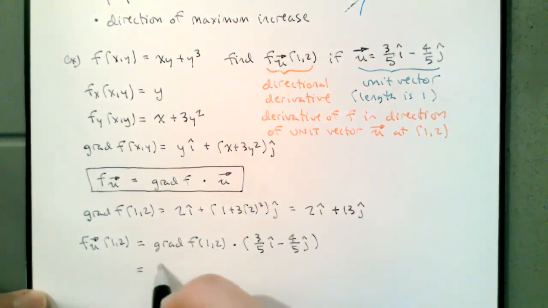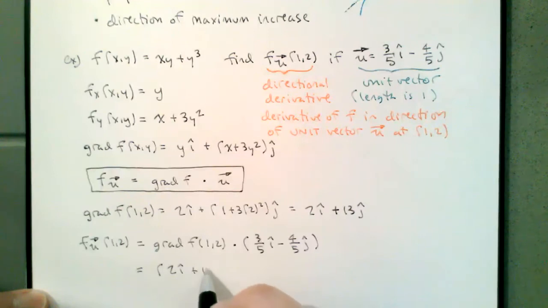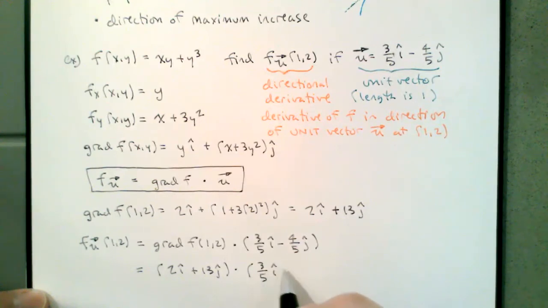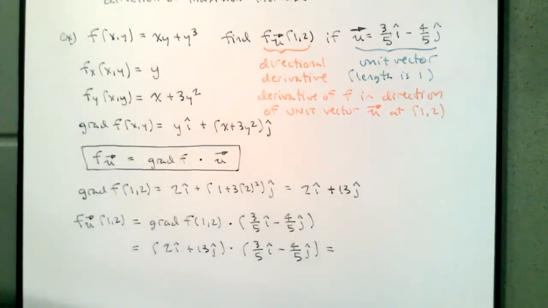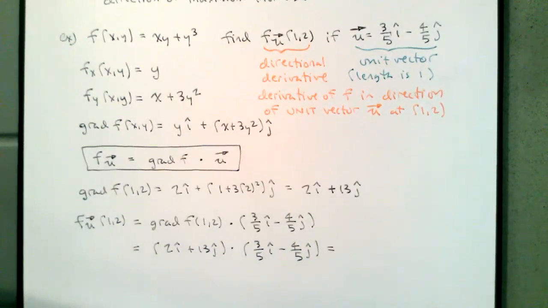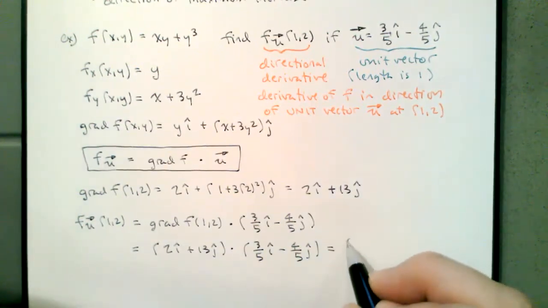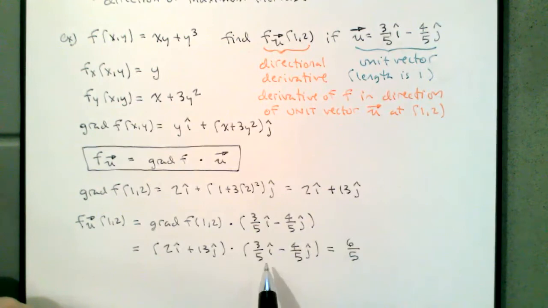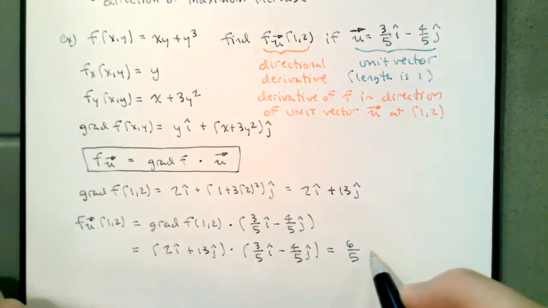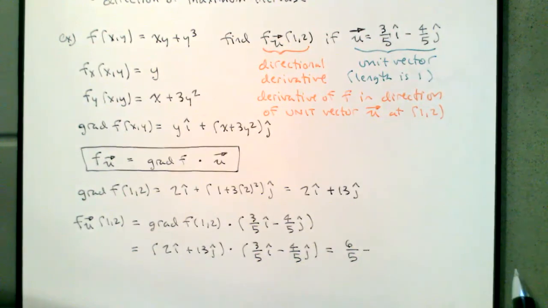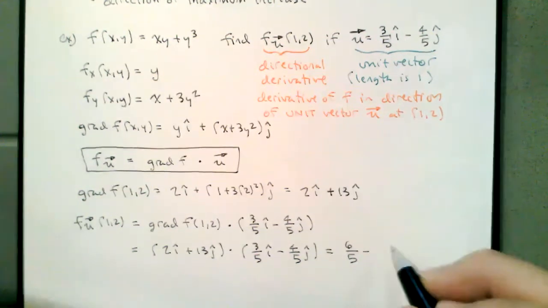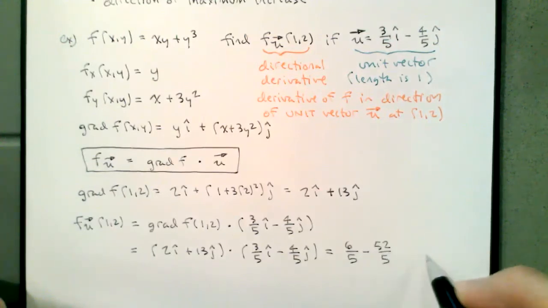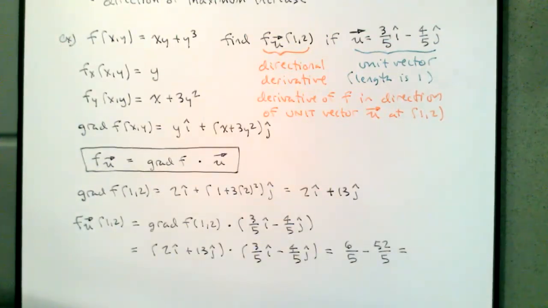So my gradient vector is 2i plus 13j. And I find the dot product with 3/5 i minus 4/5 j. This is going to give us a scalar. So I'll end up with 6/5 minus 52/5, because I do 2 times 3/5, and then 13 times -4/5. So 13 times 4 is 52. And 6 minus 52 is -46.